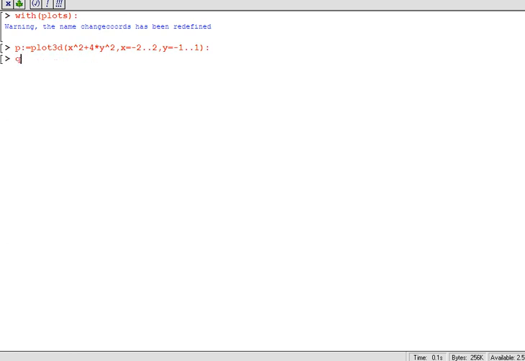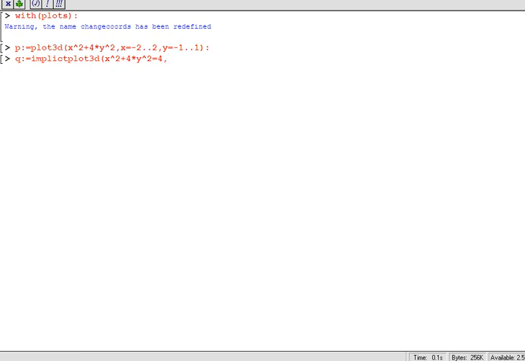Then Q, I'll do as an implicit plot because I don't have z equal to anything, and that's going to be x squared plus 4 times y squared equal 4.